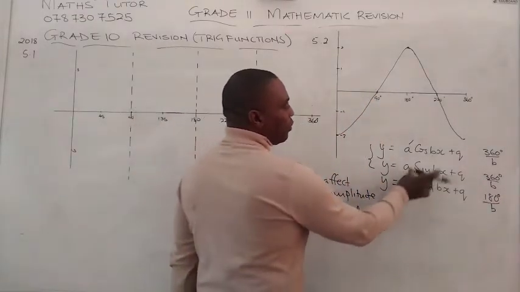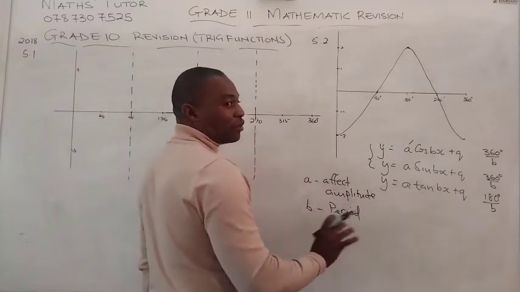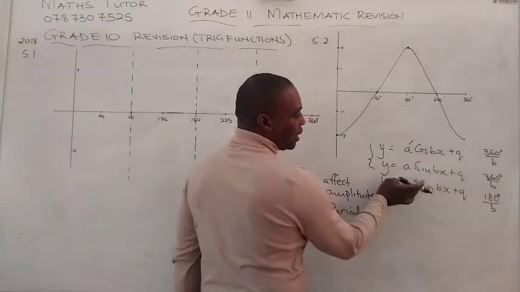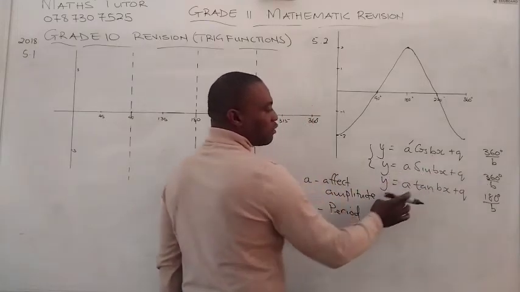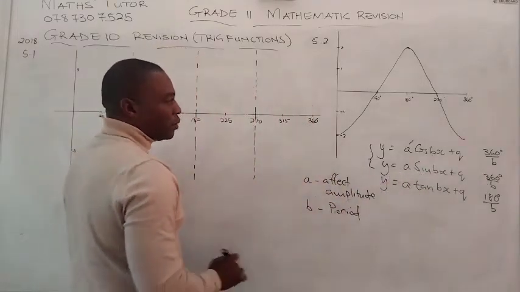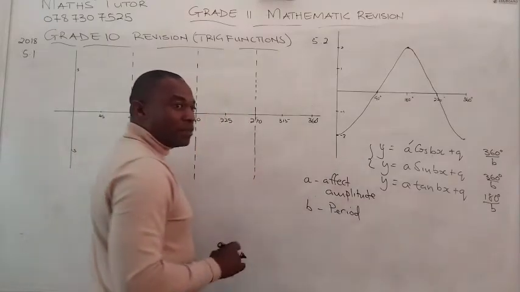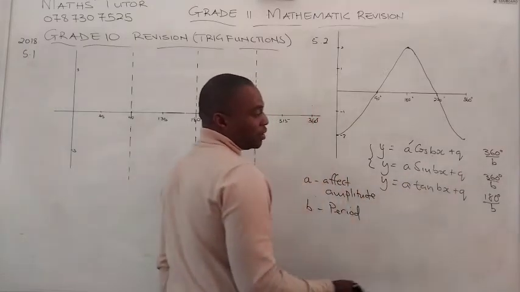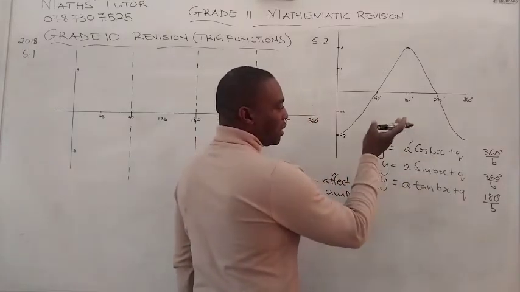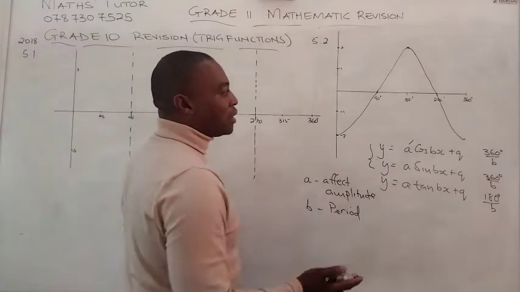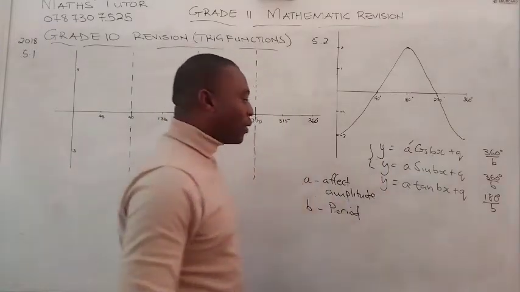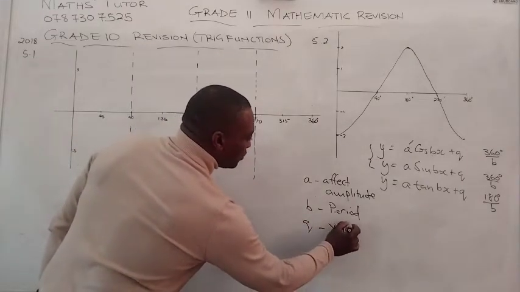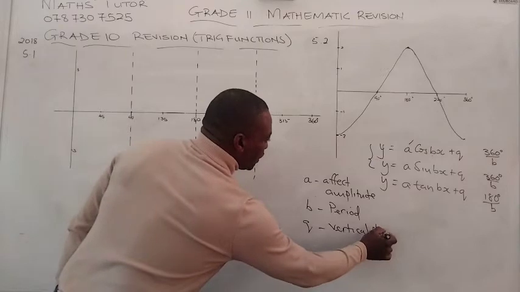Because without any changes from the mother graph, the period is 360 for cosine, 360 for sine, and 180 for tan. So when you bring in the b, you divide by the b to get the new period. And then q, like in functions, is the vertical shift, either up or down, depending whether q is positive or negative.